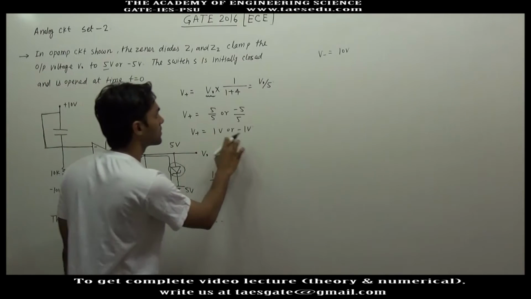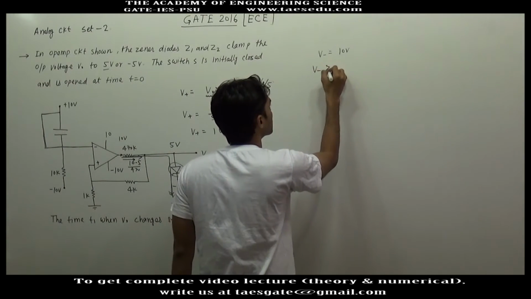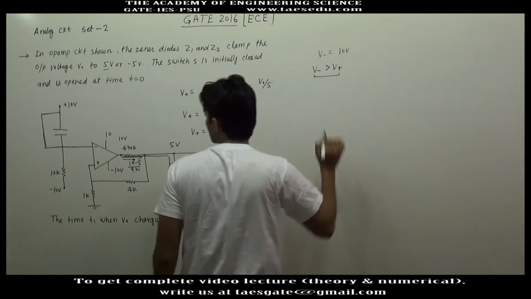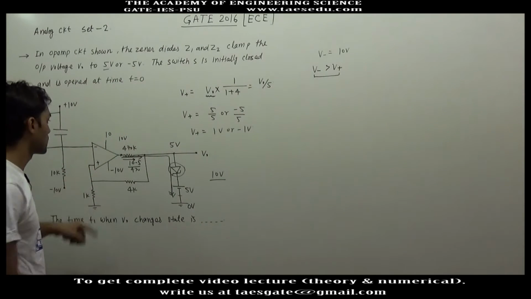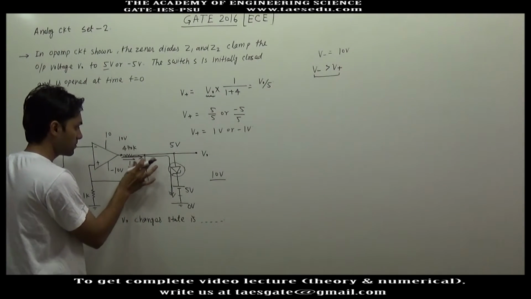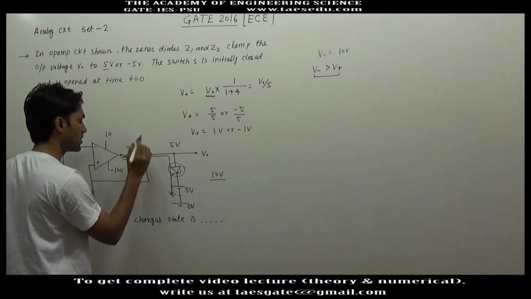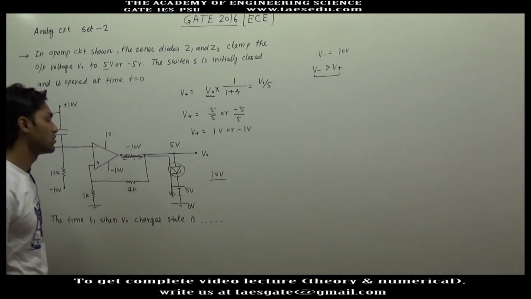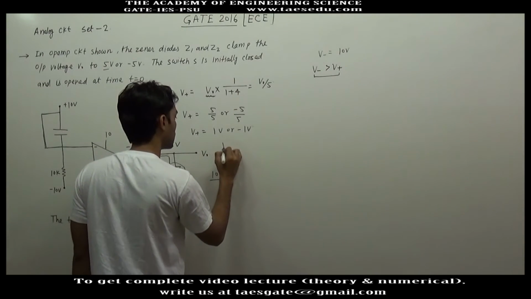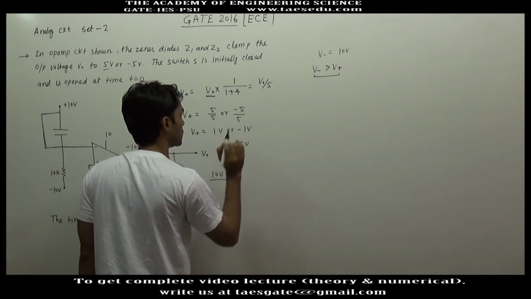In either case V minus is greater than V plus. So the output voltage will try to be minus 10 volt, and the Zener diode will clamp it to V naught equal to minus 5 volt.